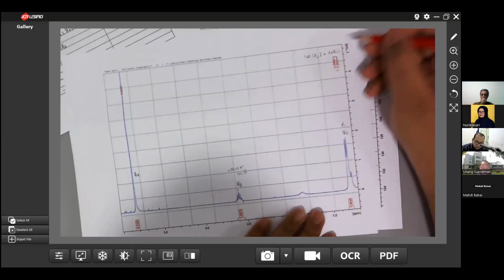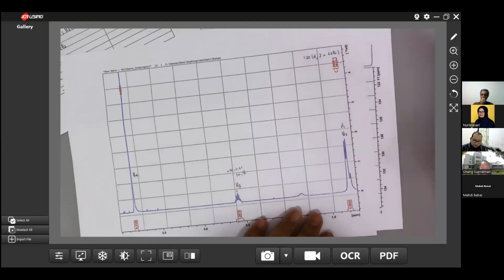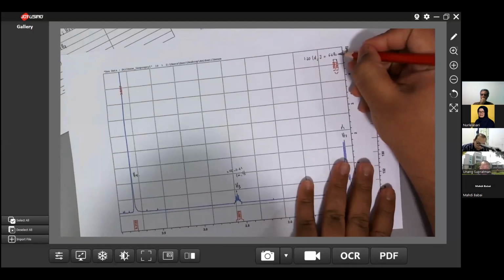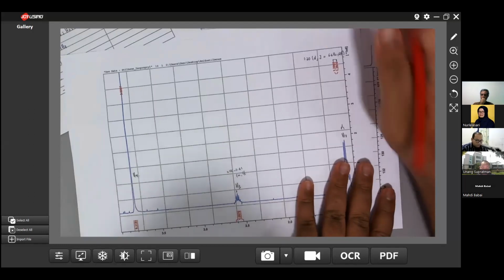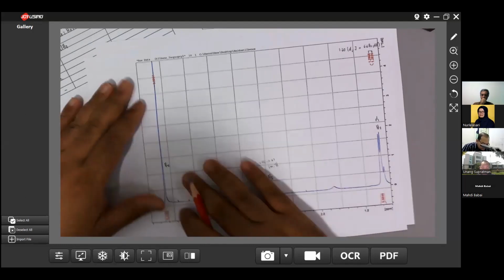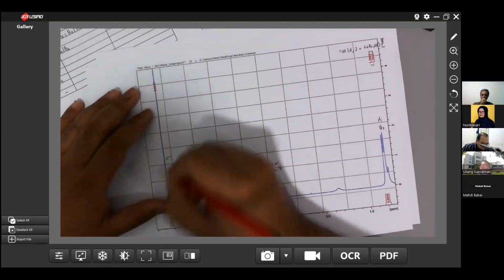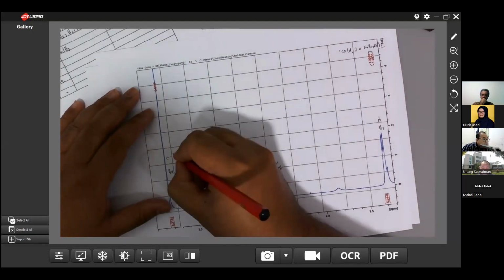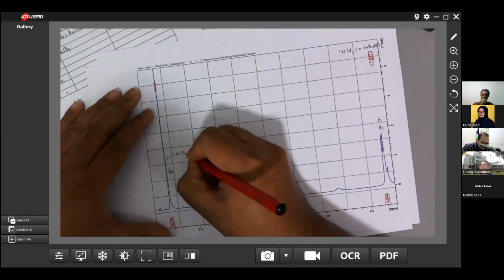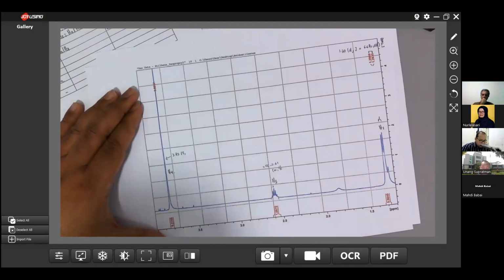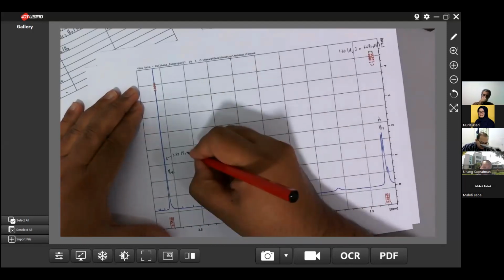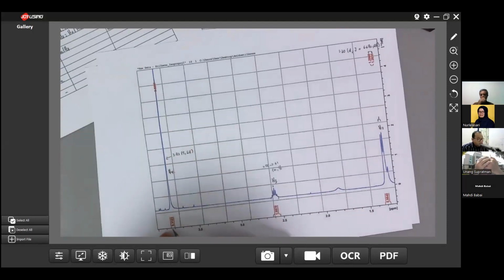This one you can declare as 6 hydrogens. And this value is 3.82, singlet. 6 hydrogens from here.